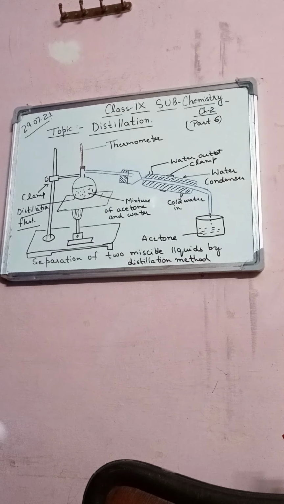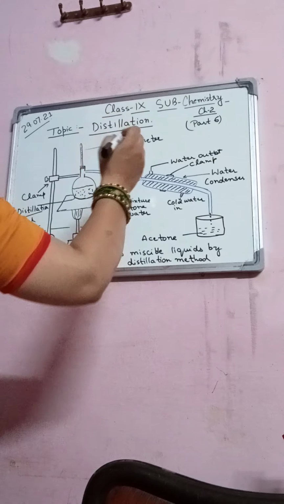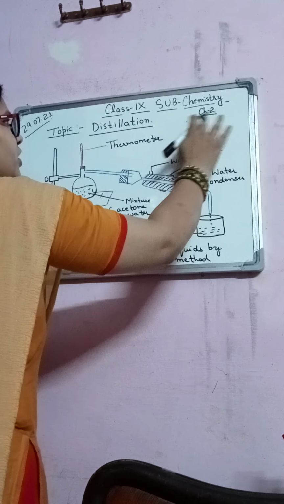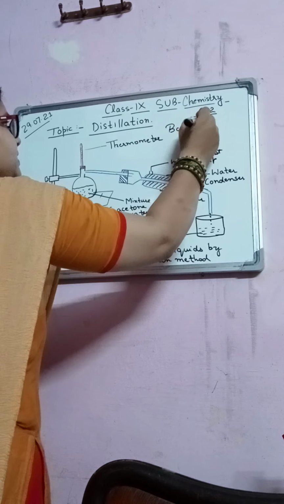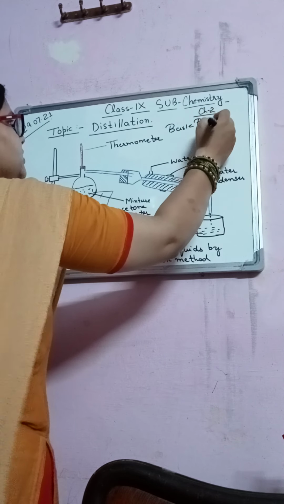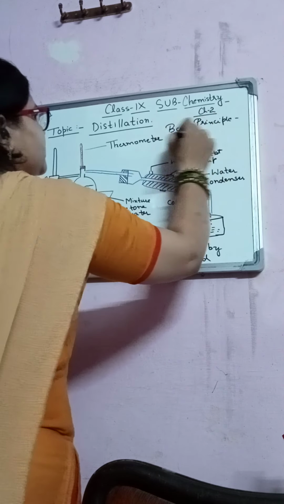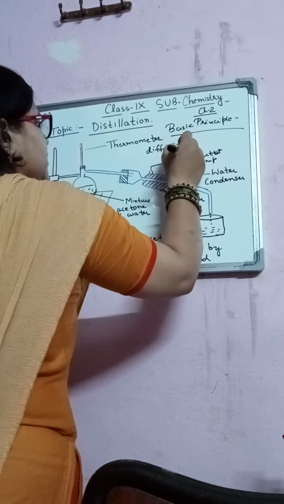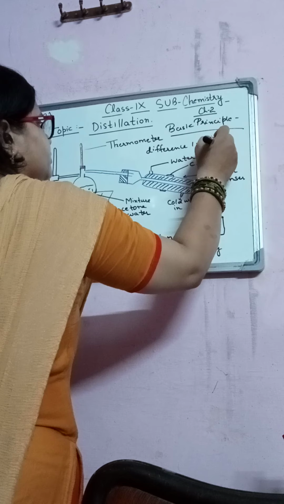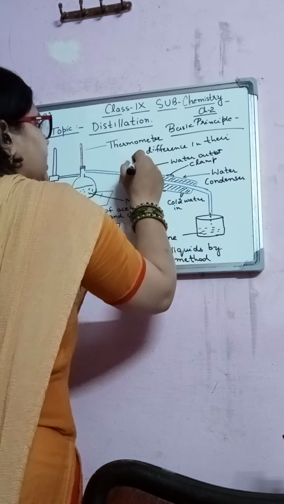So the constituents of two miscible liquids can be separated by this distillation. The most important point is the basic principle. How can we separate them? The basic principle in a simple distillation is the difference in their boiling points.